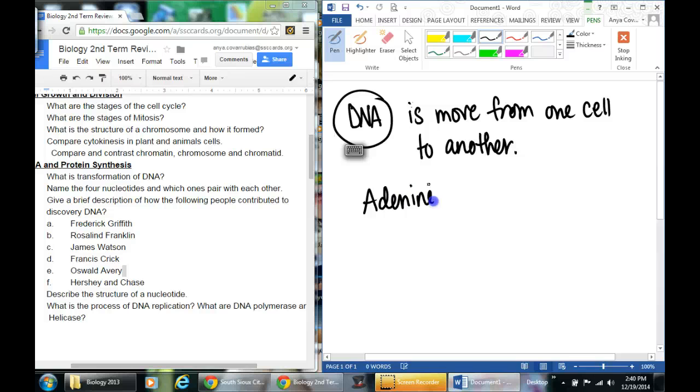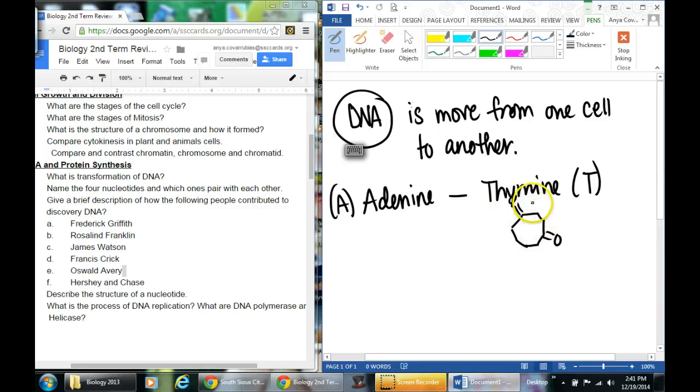adenine that goes with thymine. And so we abbreviate them A and T. Okay, if we're going to look at their structure, thymine is going to be an octagon that has some double bonded oxygens coming off. It's just a molecule.